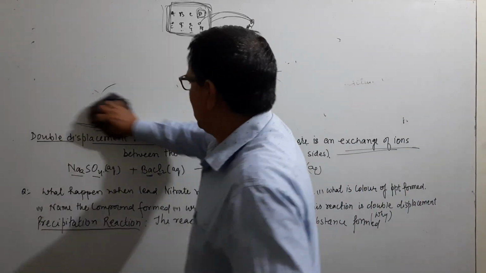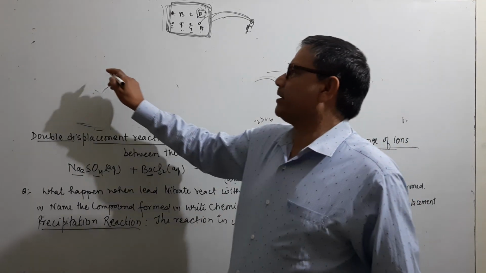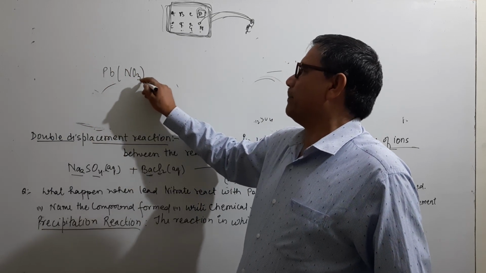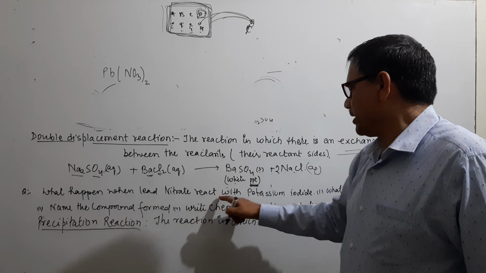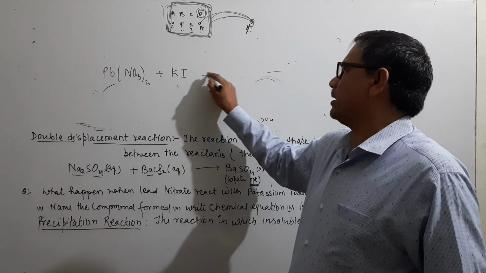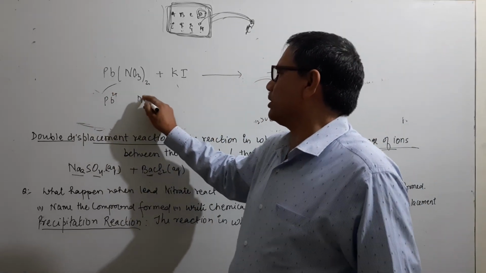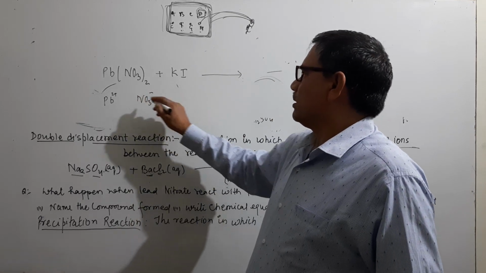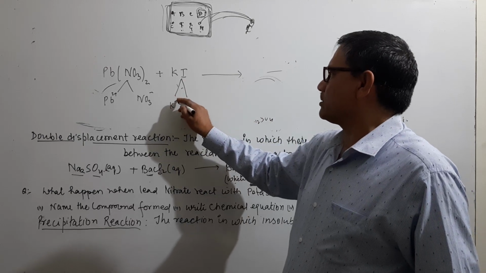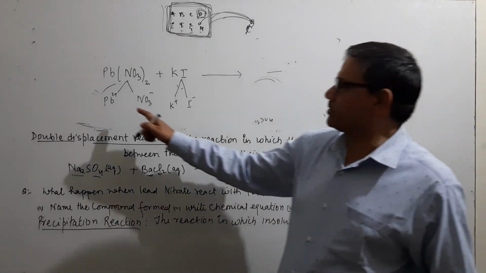What happens when lead nitrate reacts with potassium iodide? What is the symbol of lead nitrate? Lead Pb, nitrate NO3, Pb(NO3)2 reacts with potassium iodide, potassium meaning K, iodide meaning I. It will form Pb with plus charge 2 and NO3 with minus, which break, and then this will break, giving K plus and I minus, and the exchange of ion will take place.